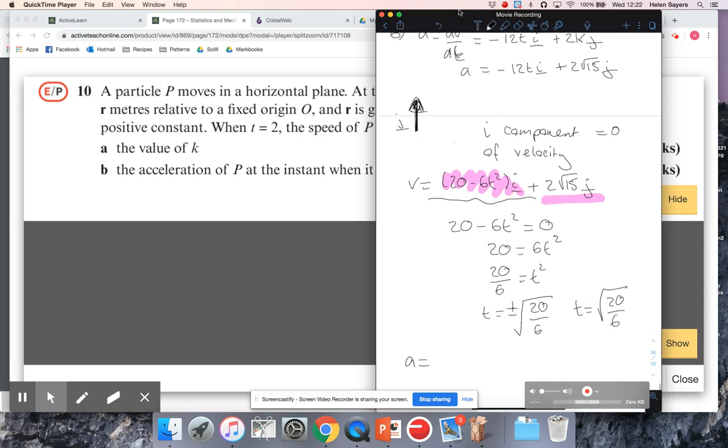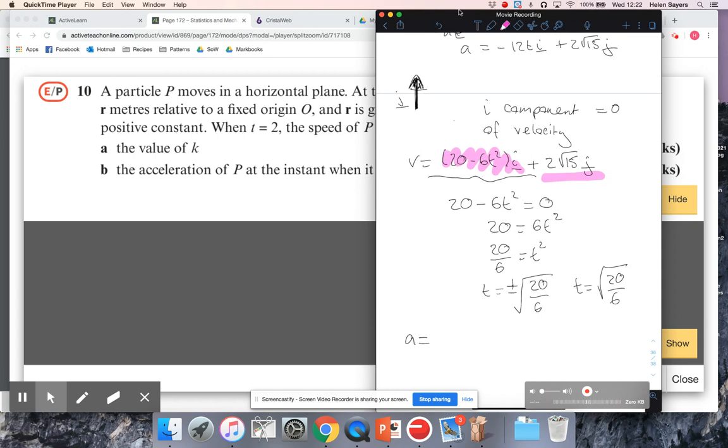Right, so there's my acceleration. What is that going to be when t is root of 20 over 6? It's going to be minus 12 times the square root of 20 over 6, and I will tidy that up. And then the j component wasn't dependent on t anyway, so that was just the constant of 2 root 15.